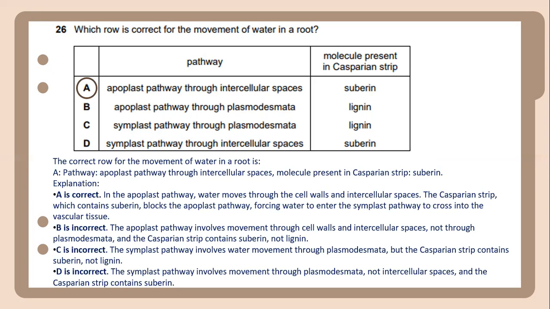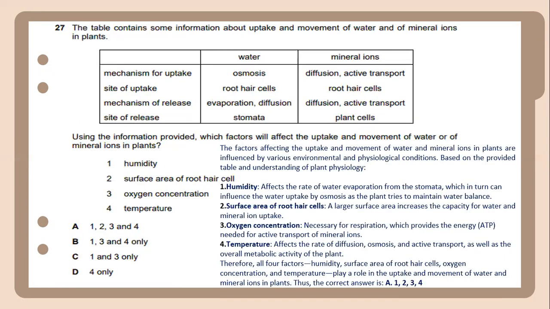And D is also not correct because the symplast pathway involves movement through plasmodesmata, not intercellular spaces, and the Casparian strip contains suberin.